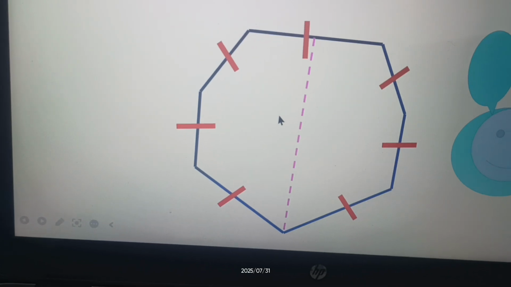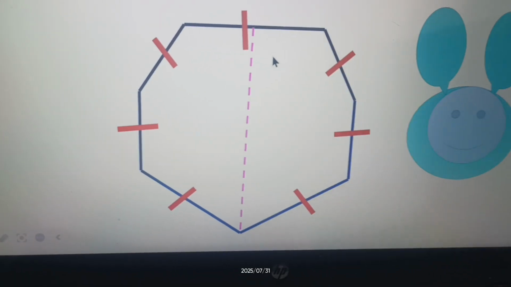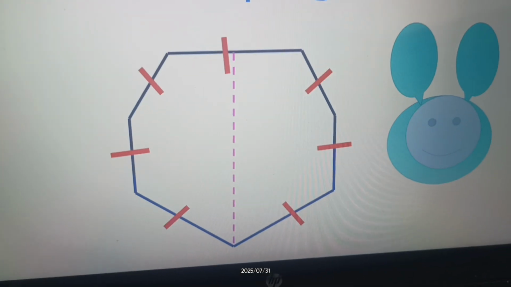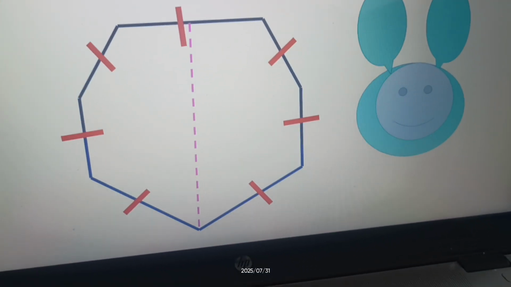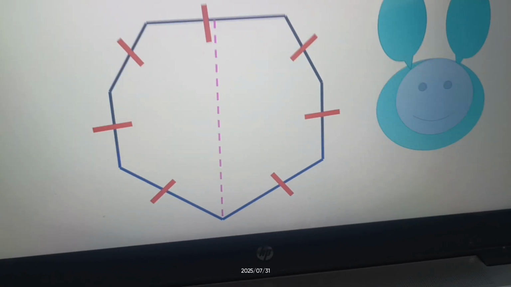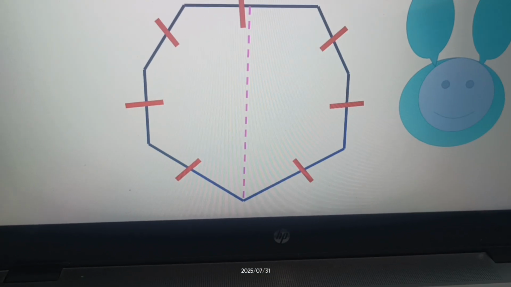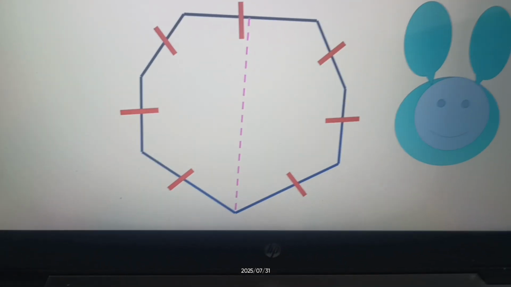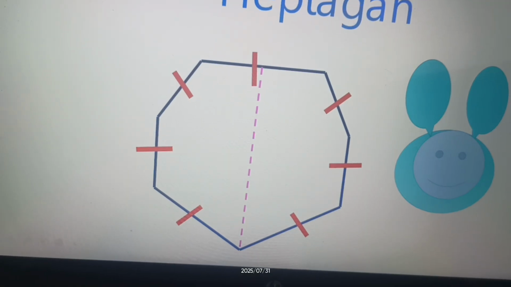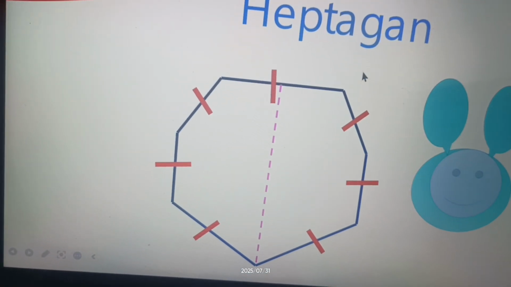Then how many symmetrical lines are there? Can you try? How many symmetrical lines can you draw here? 7 symmetrical lines? No, 7 sides, 6 are there. Symmetrical lines mean this dotted line. Only 1 symmetrical line is there because this also has an odd number of sides.